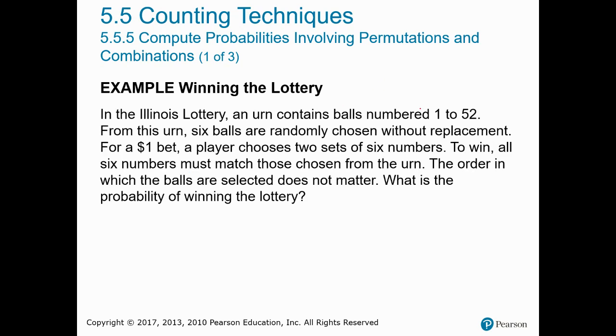Okay, so we have 52 numbers. Out of the 52, we are choosing 6 of them. That's the total number of options that you have for these tickets, because order doesn't matter.